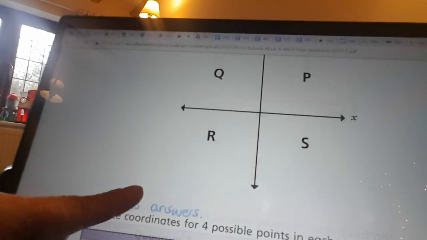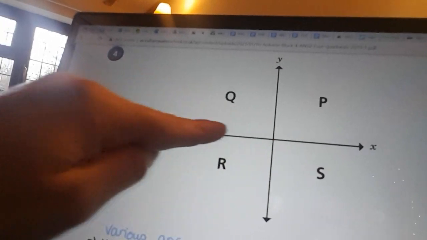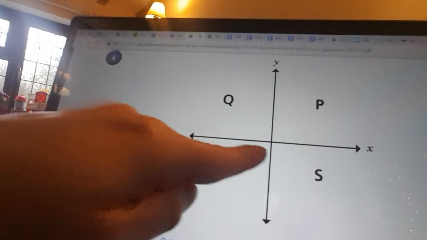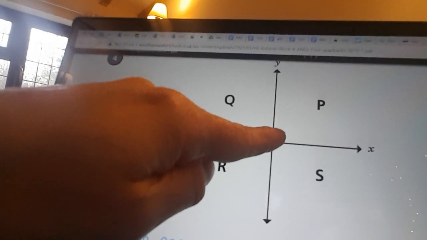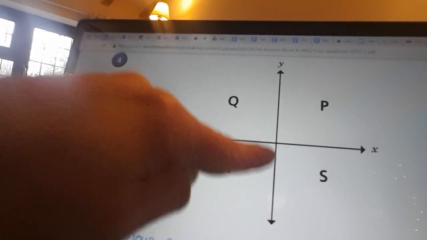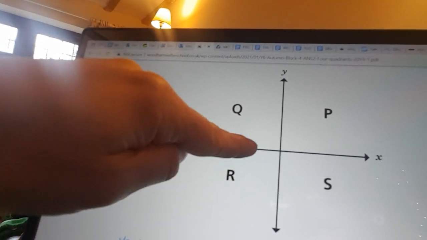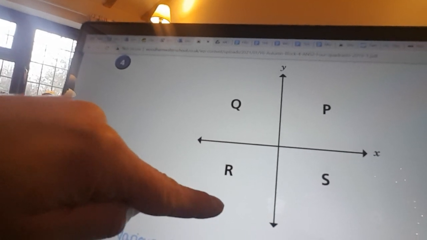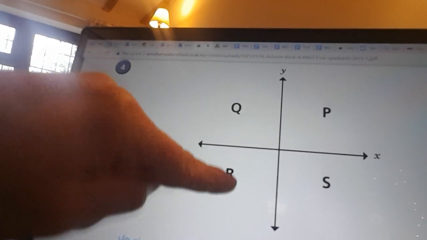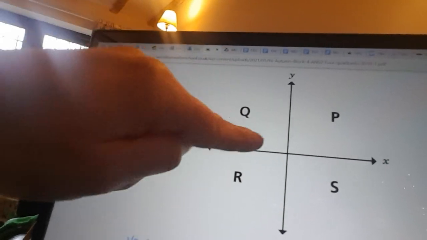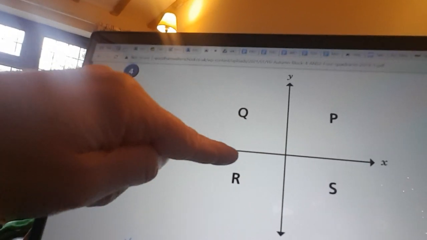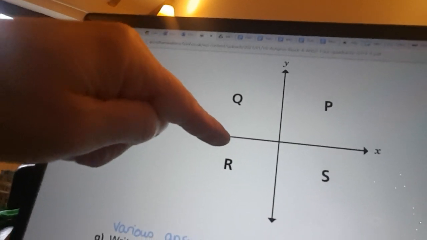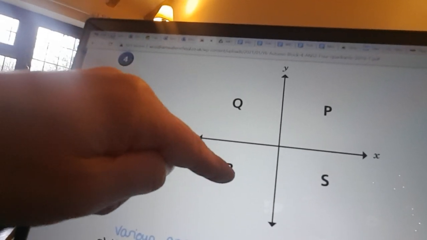And then again for R, let's hide that. You're coming along the corridor first, so your first coordinate for R could be anything. But if you're going to start at 1, it could be negative, because we're in this section now, -1, -2, -3, -4, and then down the stairs. You're either going across the corridor and up the stairs, or across the corridor and down the stairs. So across the corridor, -4, or whatever negative number you choose, down the stairs and read across.